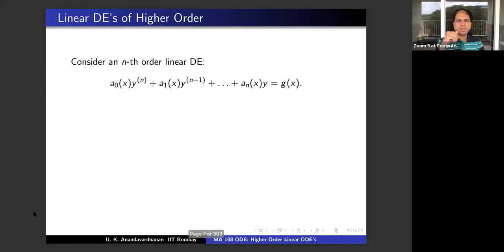So let's start. An nth order linear differential equation will be of this form, where as you can see, all the derivatives are coming linearly, and there are these coefficients and g(x) on the right side, and these coefficients can be as complicated as you want. We put no condition. But of course we are going to assume that they are continuous throughout your interval in order to get good theorems.